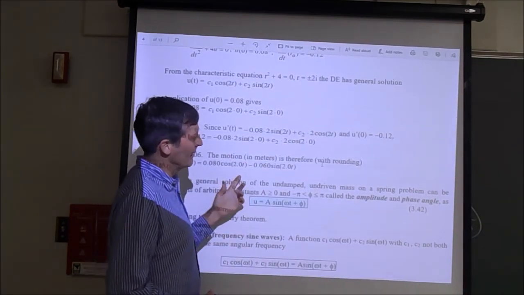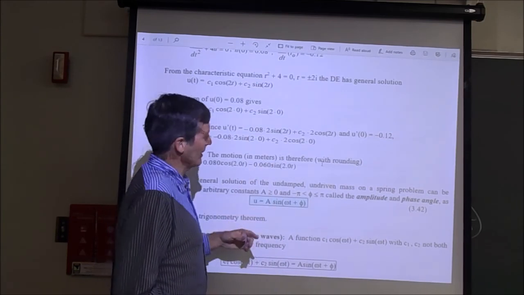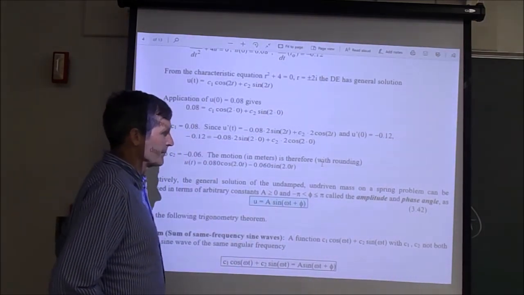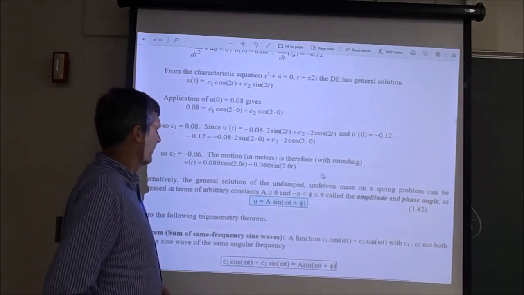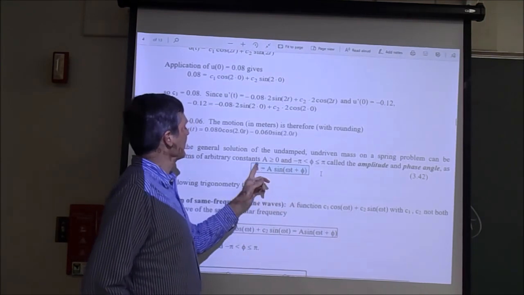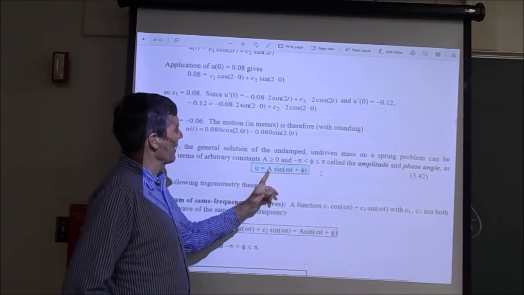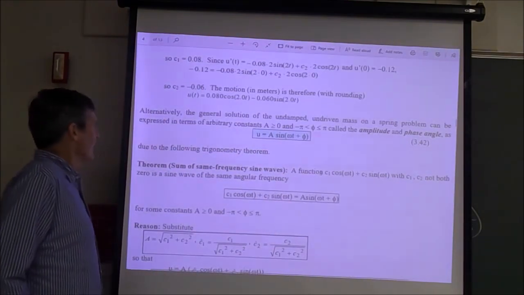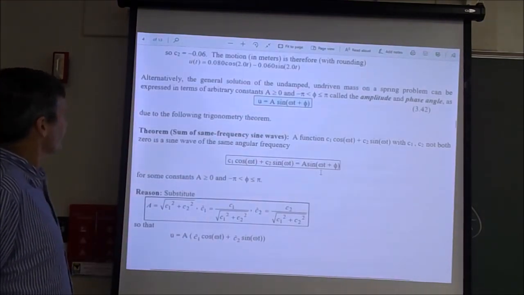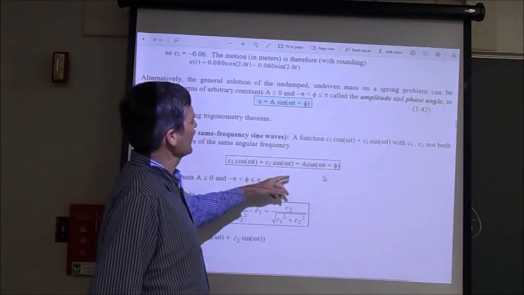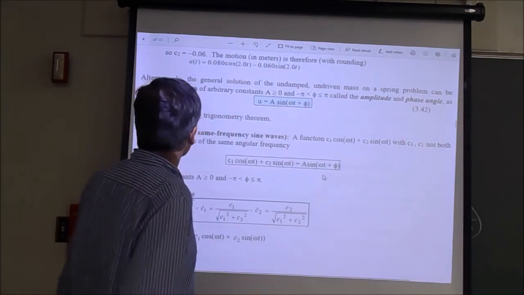And you prove it with the sum and difference of angles formula from trigonometry. So the point is that any sum like this can be written as an amplitude times a single sine function with a phase shift. A phase shift due to some number phi here, where the phase shift is minus phi over omega, actually.